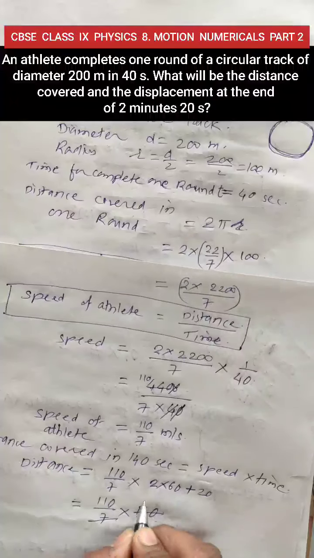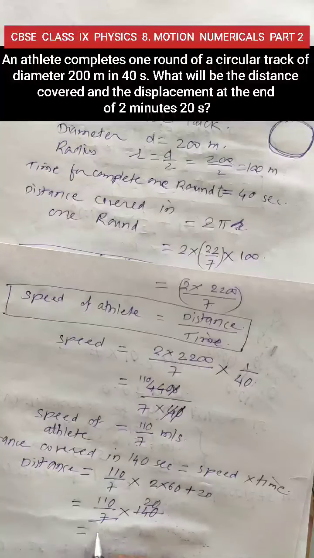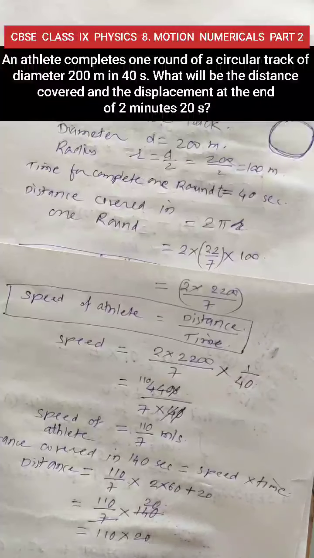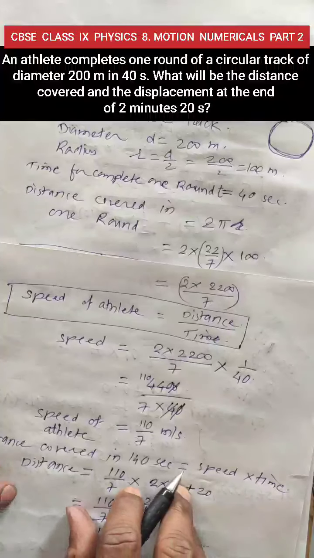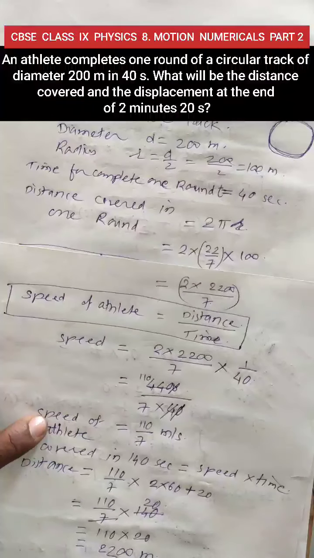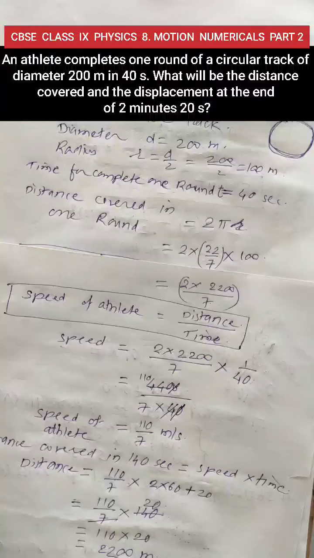Here 140 upon 7 is 20, and we get 110 into 20, that means 2200 meters. So this is the distance. 2200 meters.